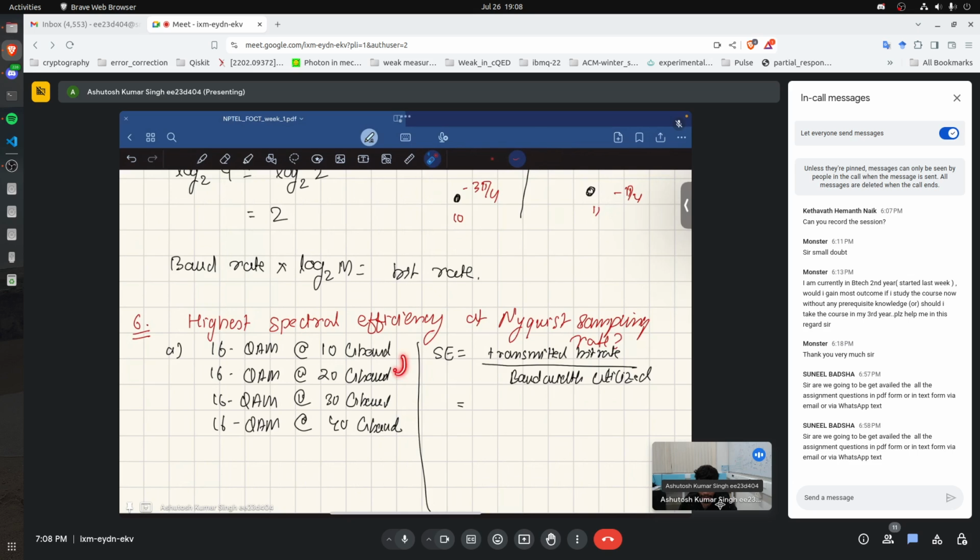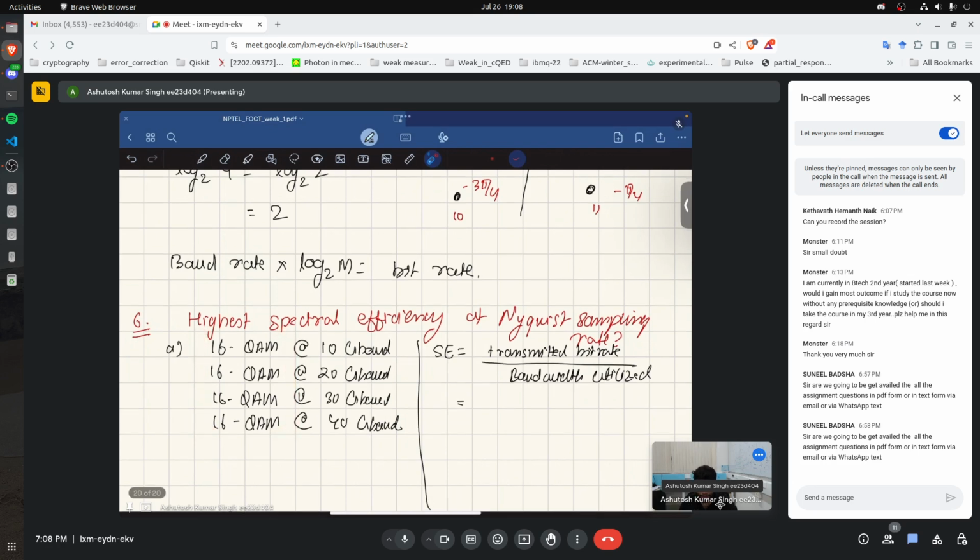But because the modulation pattern is the same in all of them, 16 QAM, the bandwidth utilized is also increasing.